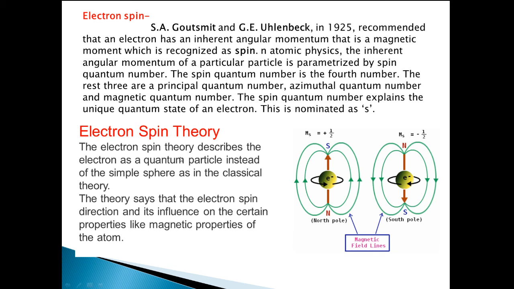Electron spin theory. The electron spin theory describes the electron as a quantum particle instead of a simple sphere, as in the classical theory. This theory describes the electron spin direction and its influence on certain properties, like the magnetic properties of an atom.